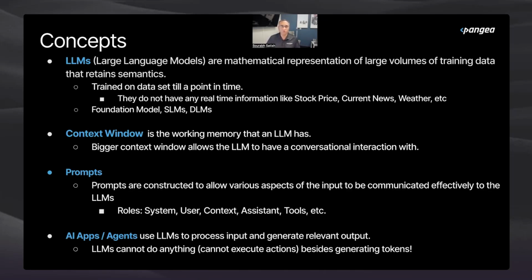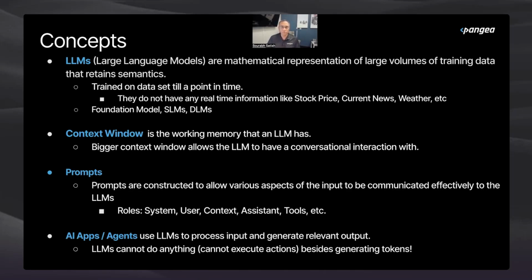And then the user role really captures the input that is given by the user to the application that is then passed on to the LLM. Context is really the data that is associated along with the user's question in order to make the LLM take that information into account in order to come up with the answers. And then the assistant role really represents the answers that are given back by the LLM.